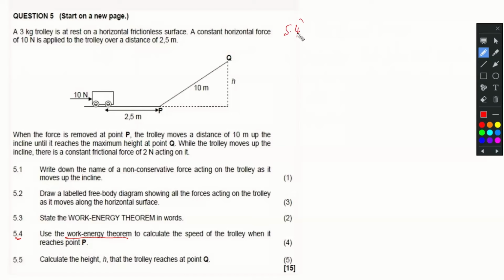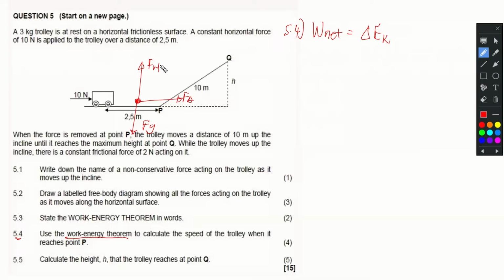Then 5.4, W net is equal to what? Change in EK. Then we are going to have what? Remember from our drawing, Fg, and then force applied, right?